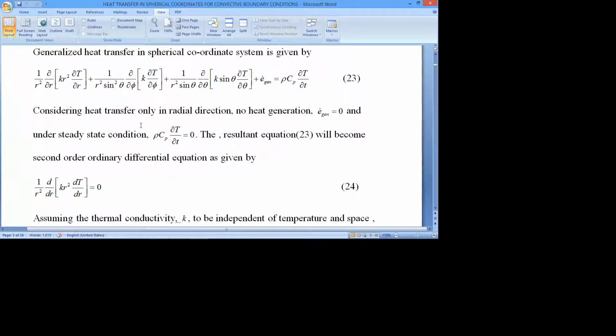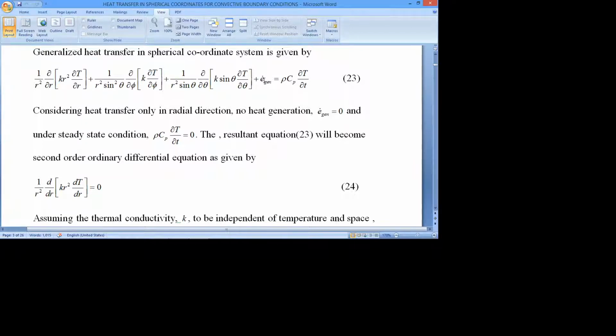Now we are putting constraints on this. We are considering heat transfer only in the radial direction, so the second term and third term will get cancelled. We are also considering no heat generation within the material, so the E dot generation term will also get cancelled.